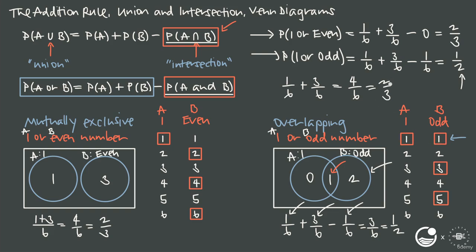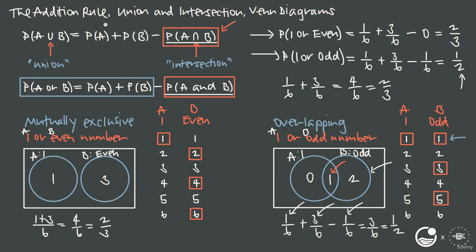We have to account for the fact that 1 occurs in both sets, and we need to make sure that we don't double count it, and instead that we only count it one time, eliminating the overlap here, or taking out that intersectional probability where we subtract out the probability of A and B occurring. We eliminate that double counting, and we end up with an actually accurate probability for this scenario of overlapping events.